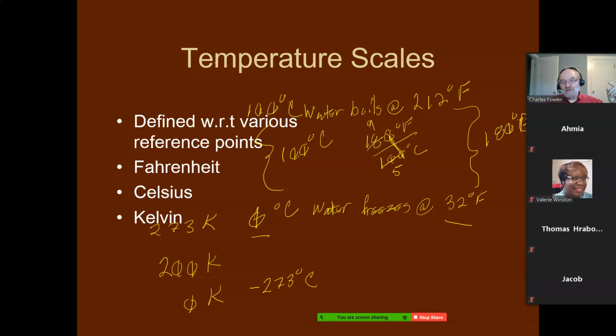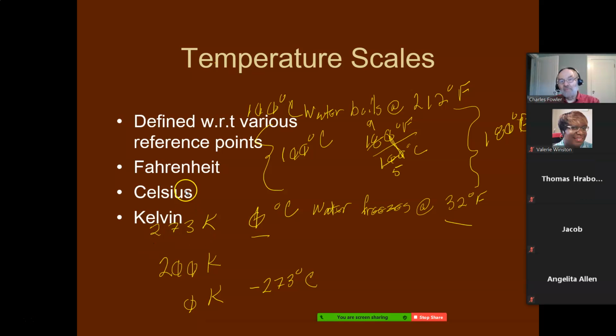So the freezing point of water on the Kelvin scale is 273 K. Never degrees, just 273 K. The boiling point of water on the Kelvin scale, the absolute zero scale, is 373 K. So a Celsius degree is the same size as a K, a single K. Those are the same size.